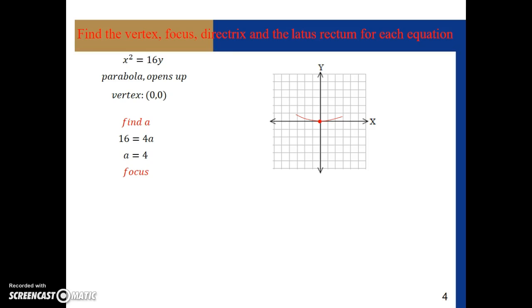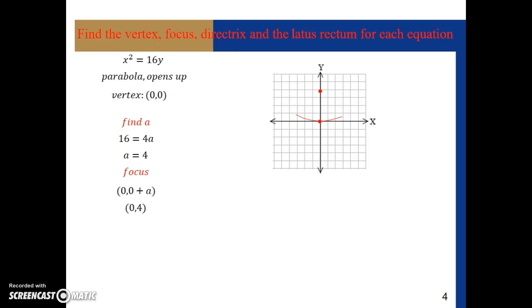To find the focus point, which is going to be inside this parabola, we know that the focus point is going to be above that vertex point a distance of a. So our vertex is (0, 0). We're going vertically up a distance of 4, so the focus should be at (0, 4).